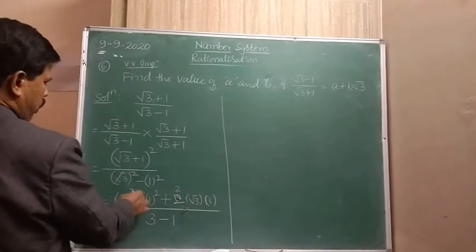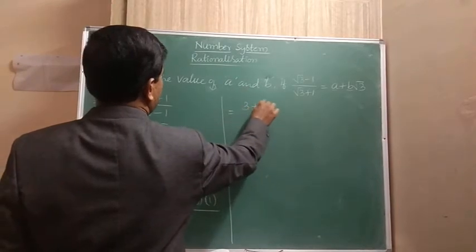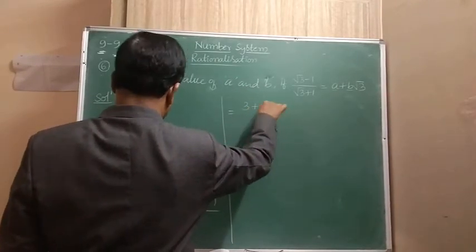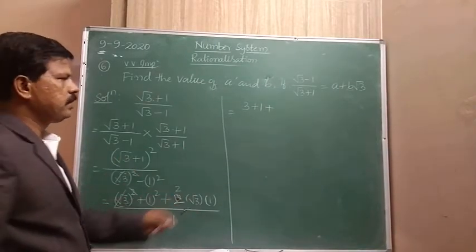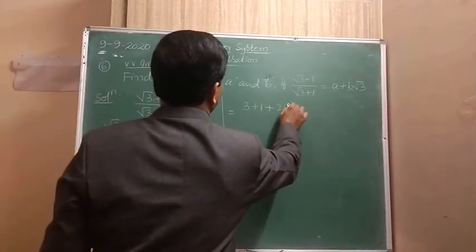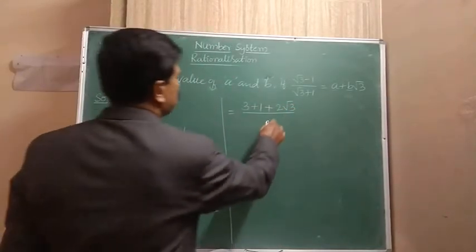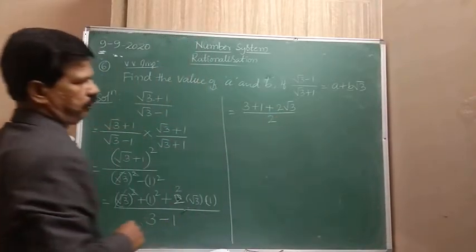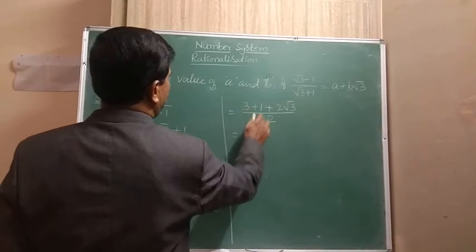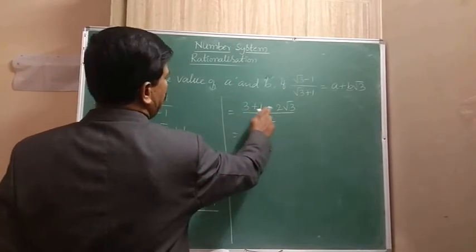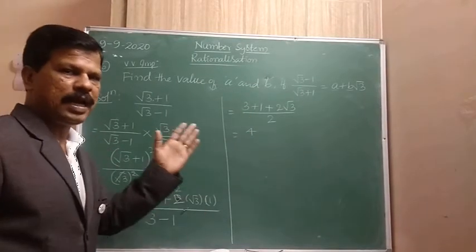Now square and square root get cancelled. It becomes 3, plus 1 square is 1, plus 2 into 1 is 2 root 3, whole divided by 3 minus 1 which is 2. Understood? Now 3 plus 1 is 4. Don't add this 2 also, because 2 root 3 is a separate term, that means an unlike term.